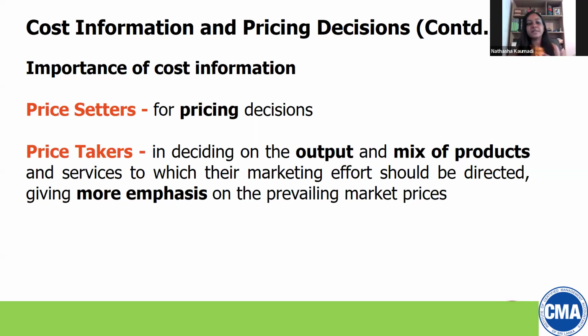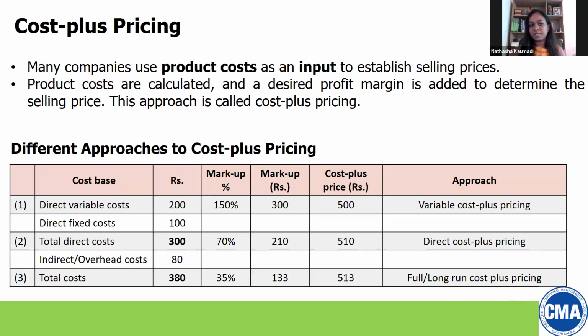So that is the reason. For price setters, cost is directly influencing. For price takers, to decide the output and the mix of products, you need to have the cost information. Right, that is the importance of cost. Another concept: cost plus pricing. Now, I told you cost is very important for price setters.